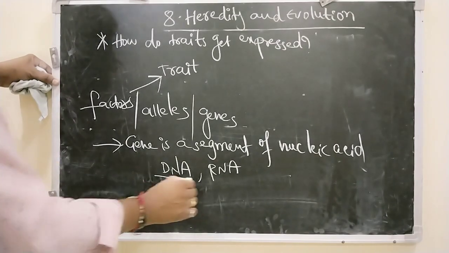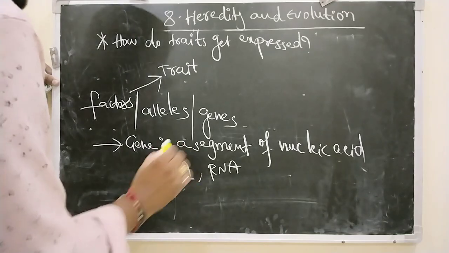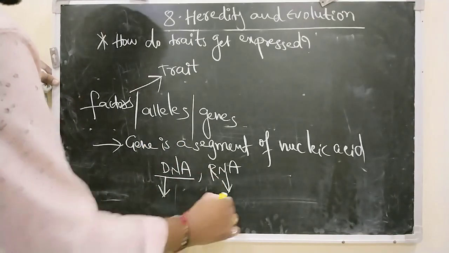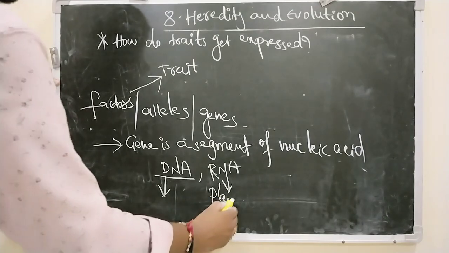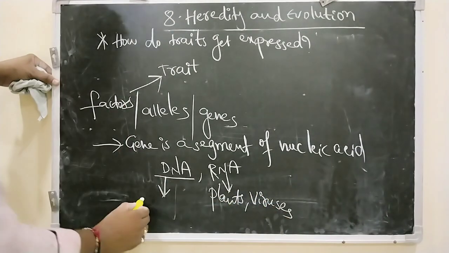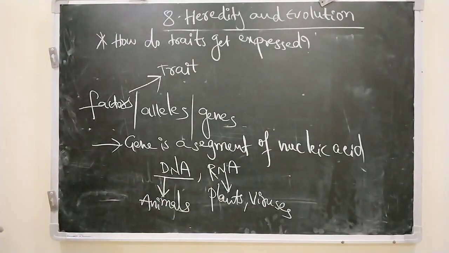Deoxyribose nucleic acid, DNA, is present in animals including human beings and bacteria, whereas ribose nucleic acid is present in plants and viruses. It is the controlling factor in plants and viruses, whereas DNA is in animals including human beings.